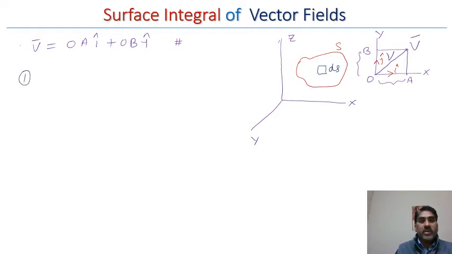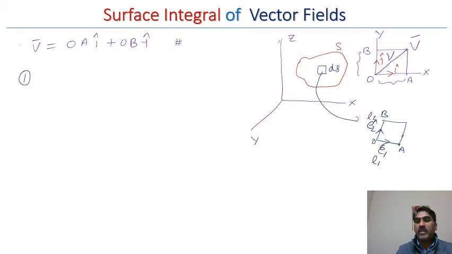Number one, let us mark this small surface area enlarged, suppose you are viewing it with some microscope. Let this be unit vector e1, this be unit vector e2, and let the lengths be denoted by L1 and L2.